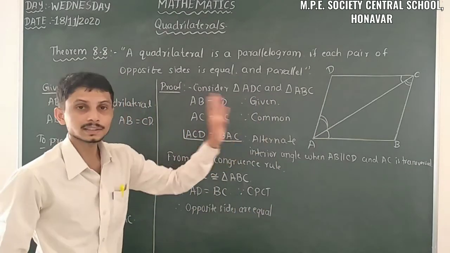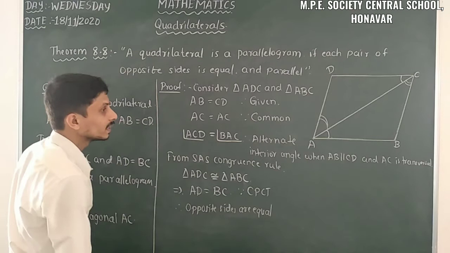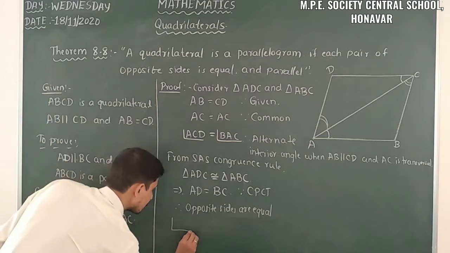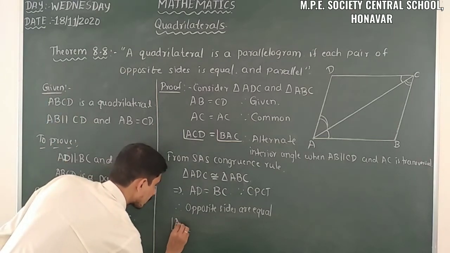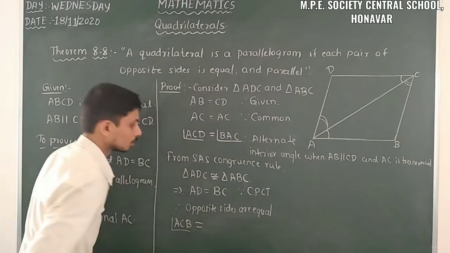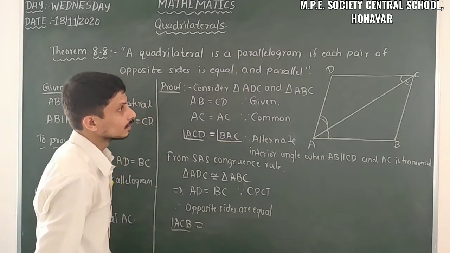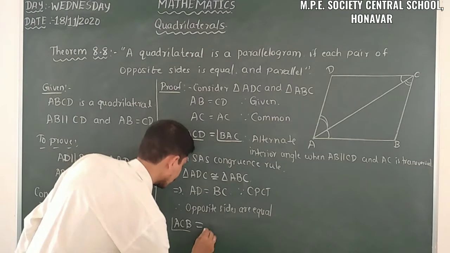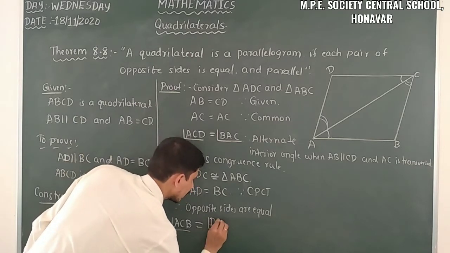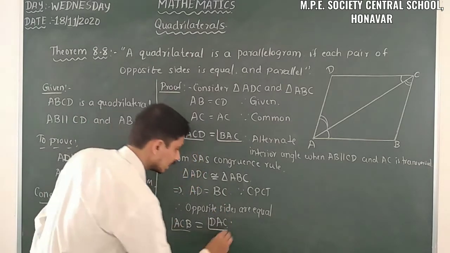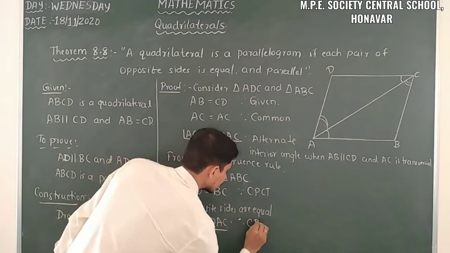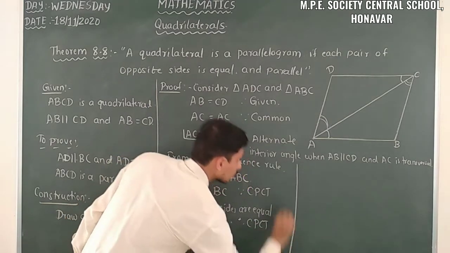So angle BCA, or ACB, is equal to angle DAC, or CAD. I will take DAC because it is CPCT.